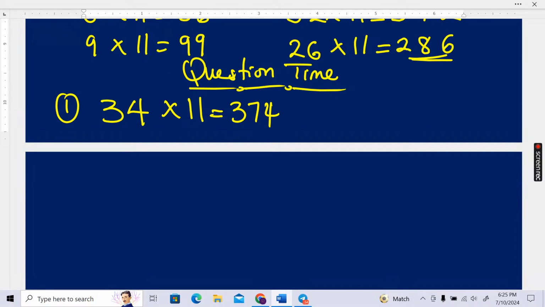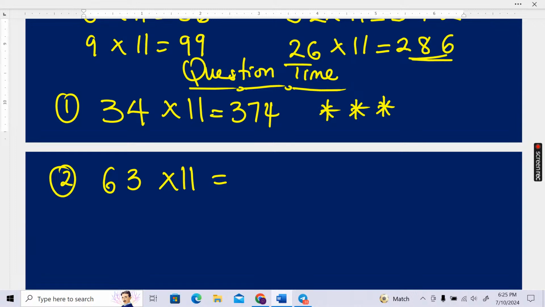So I'm having 3 stars for myself right here. I love rewards. When I get something right, I like rewards. So if you also got it right, make sure you give yourself 3 stars. Now, the next question. What is 63 times 11?